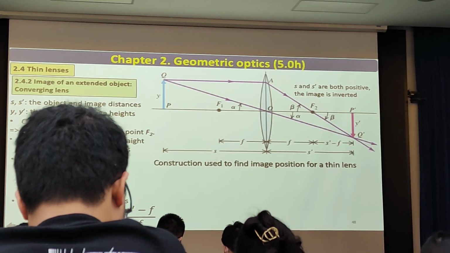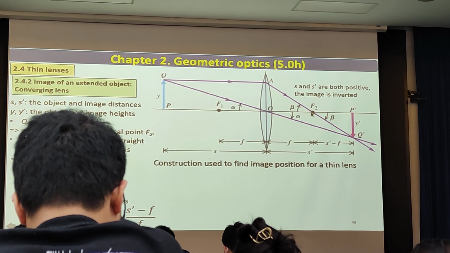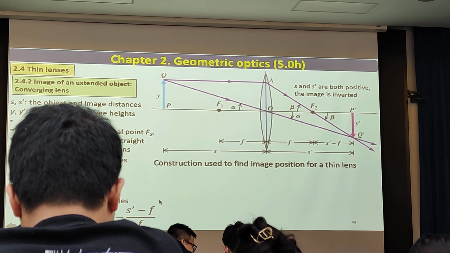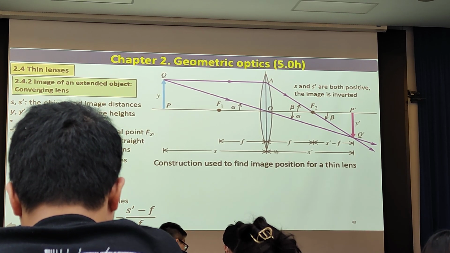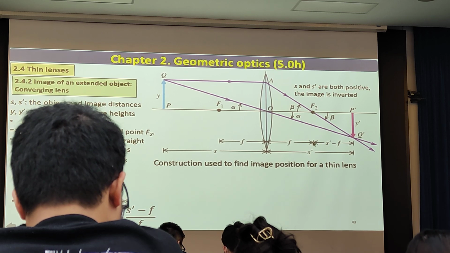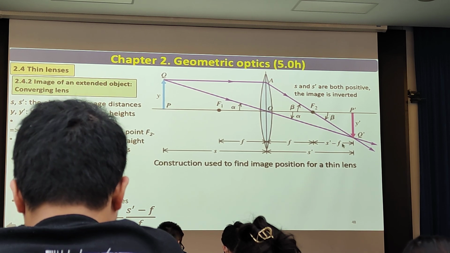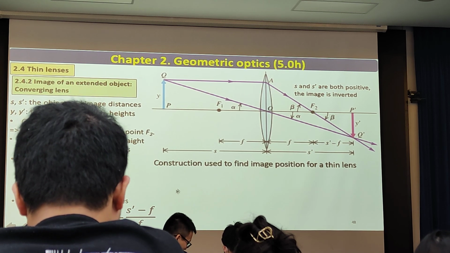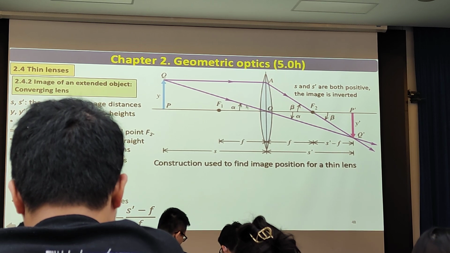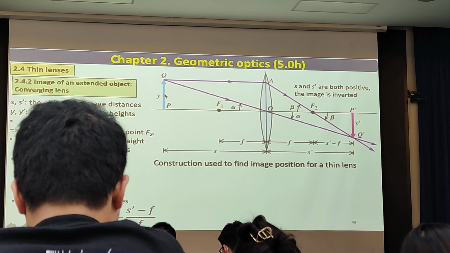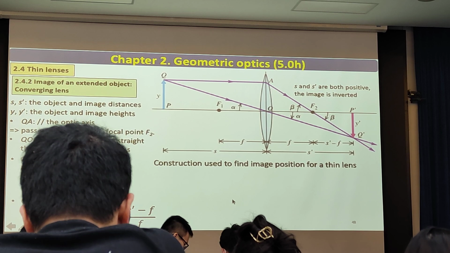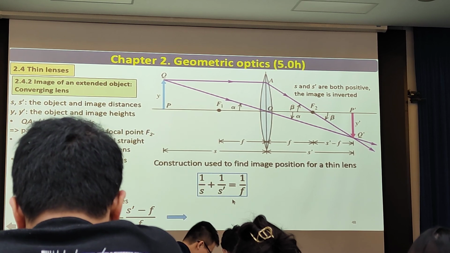So that's S prime minus F over F. Because here is S prime and here is F, this distance is S prime minus F. And you have this negative sign because Y prime and Y, the image and object, are in opposite directions.